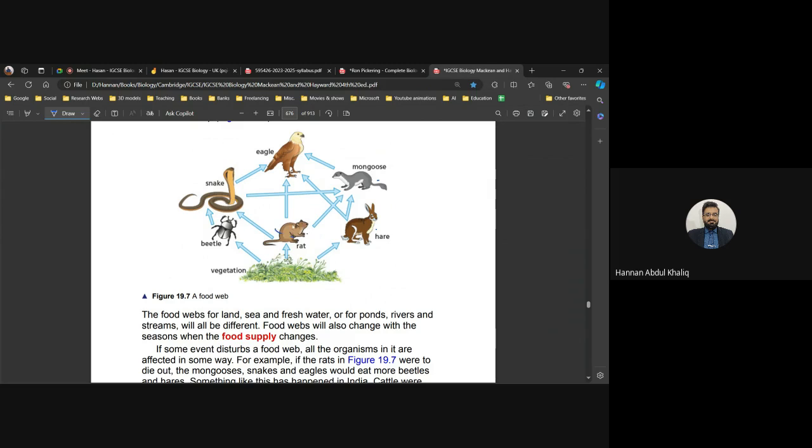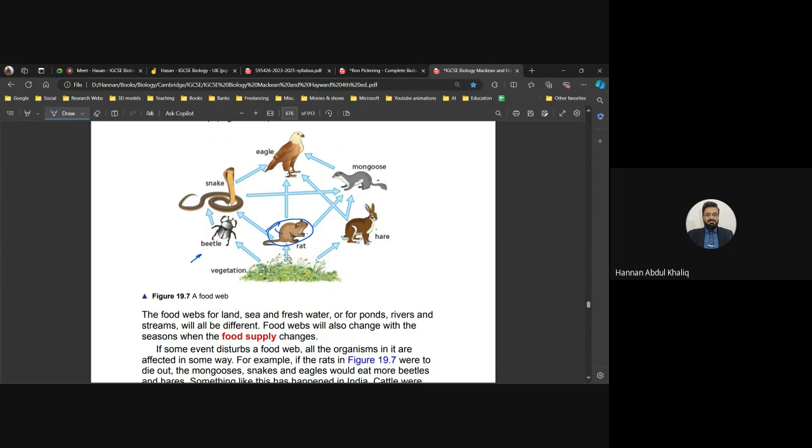Suppose we apply a pesticide to the environment that is damaging the rats. Since you are damaging the rats, the snake would have only one food source. If the beetles are killed or they migrate or they start getting short in the environment, the snake would starve.